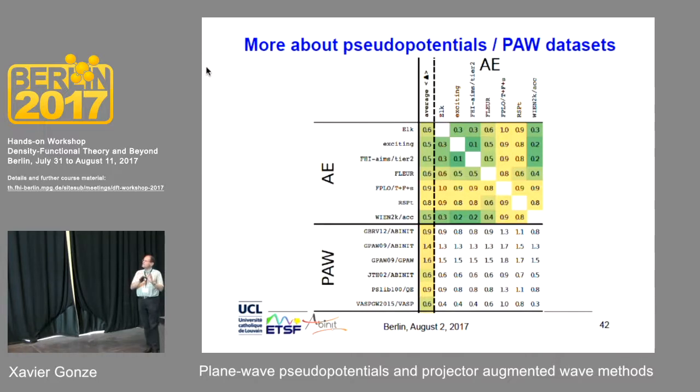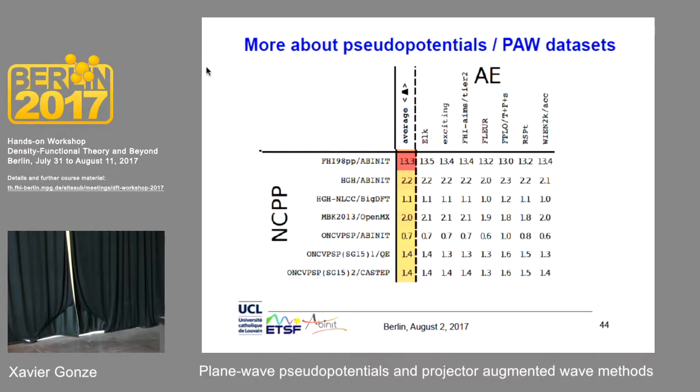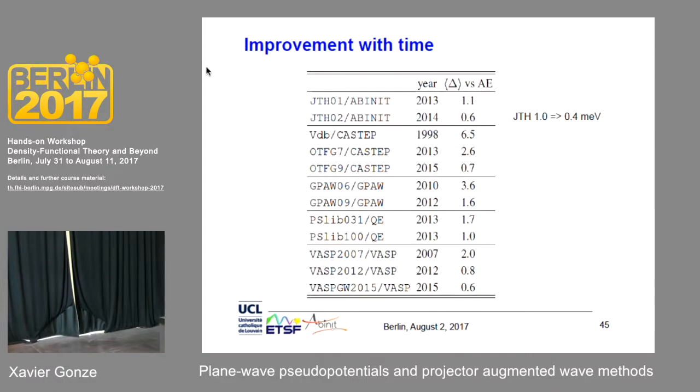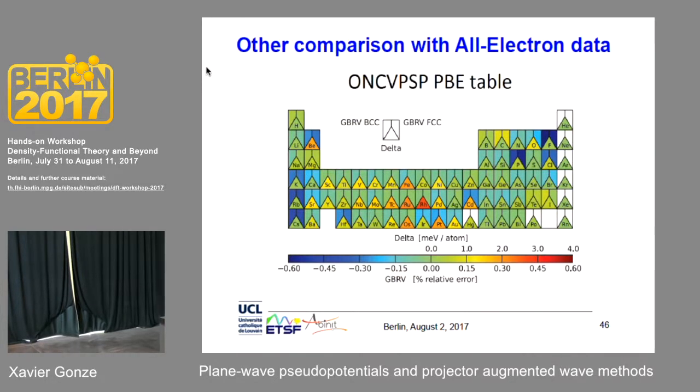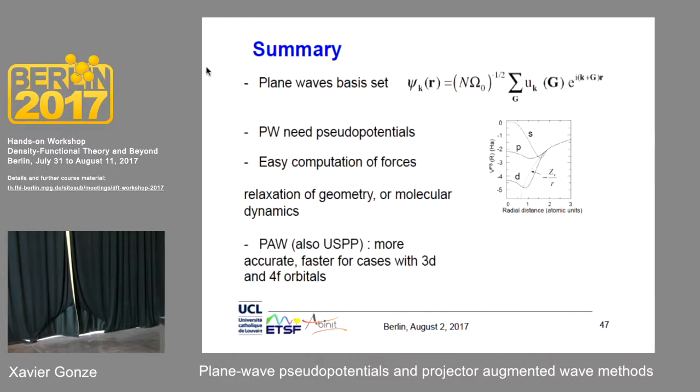So basically PAW is doing a very great job even compared with all-electron. And actually it's even possible to get good numbers for norm-conserving pseudopotential, and it's improving with the years. Here I had another table, but that was for norm-conserving. It's really quite decent with respect to all-electron data. So this is a summary of the key points. Thank you for your attention.